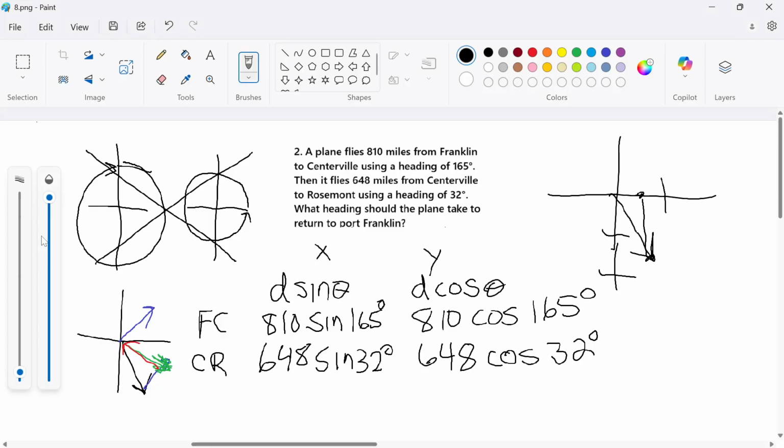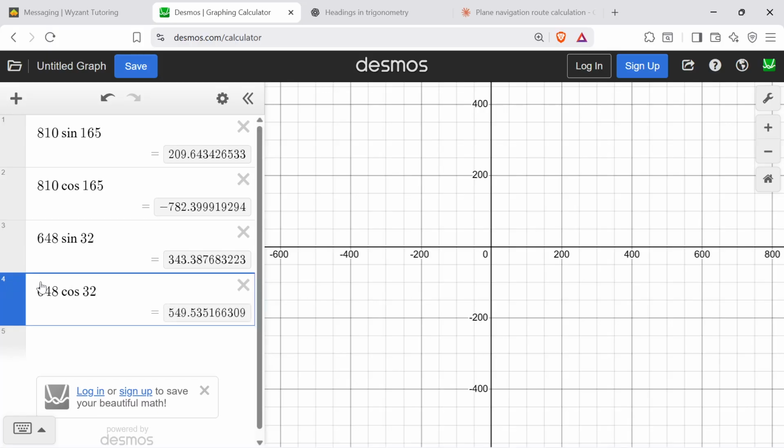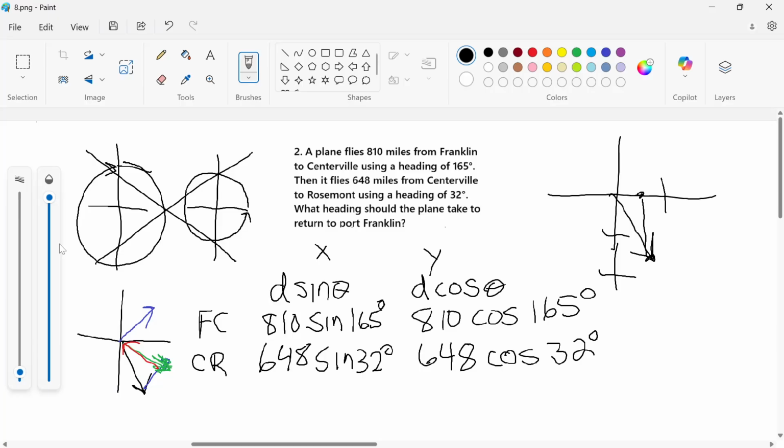I'm still in degree mode. And 648 cosine 32 degrees. So it's 343, 549. It looks like this. That's 500, 343, and then 549, way estimated. And then I will add that, and I end up somewhere like that.